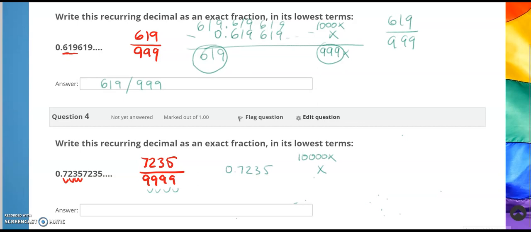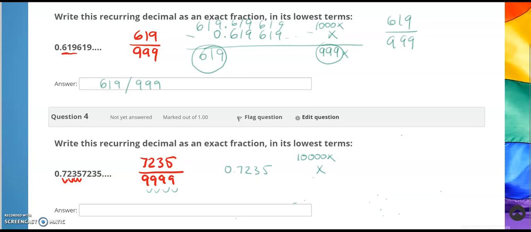So multiplying this by 10,000 means we move the decimal 4 places to the right, 7,235.7235.